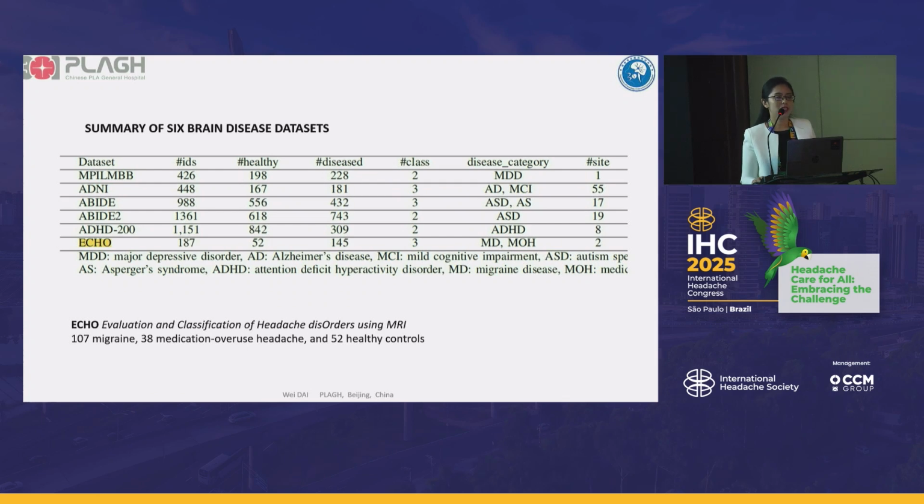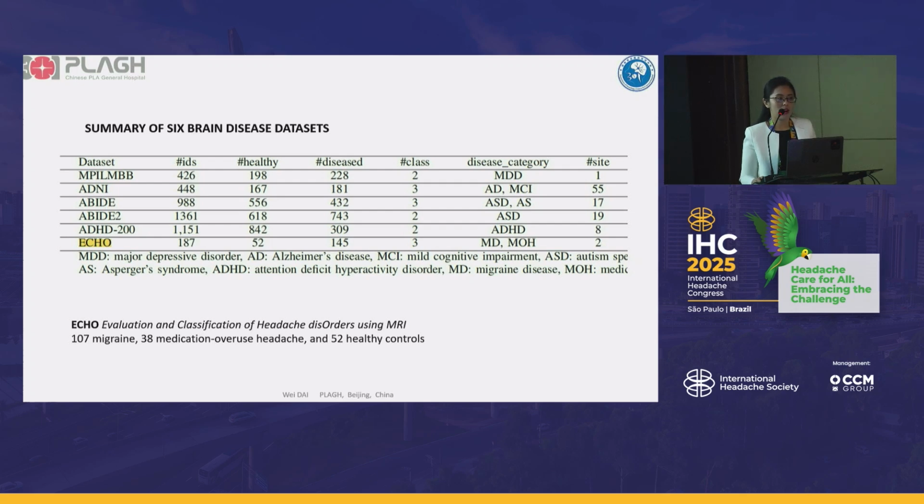And then it naturally leads to a broader question. What about our model's performance on other brain diseases and categories? So we move on to test our model on public data sets, including 8 diseases, including major depressive disorder, Alzheimer's, mild cognitive impairment, autism spectrum disorder, Asperger's, and also attention deficit hyperactivity disorder.